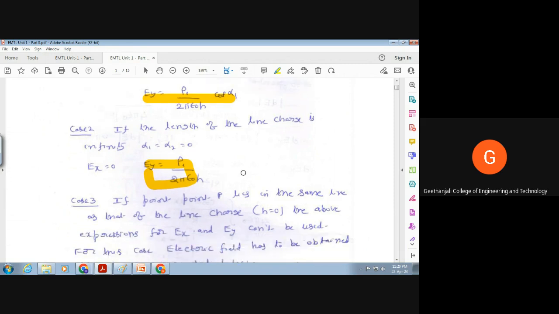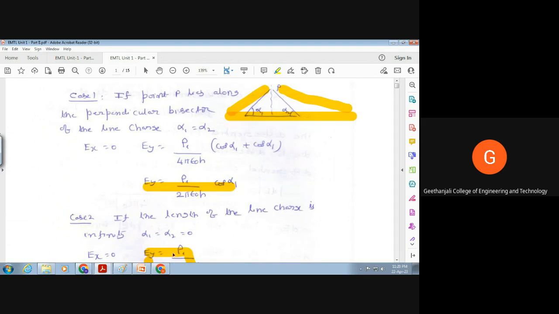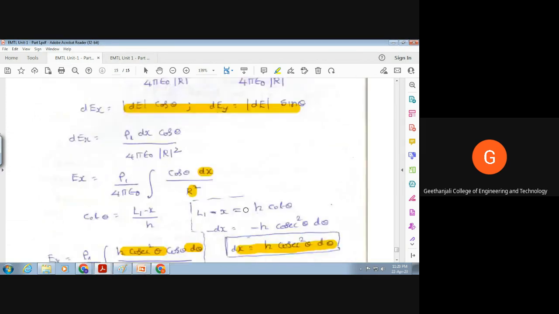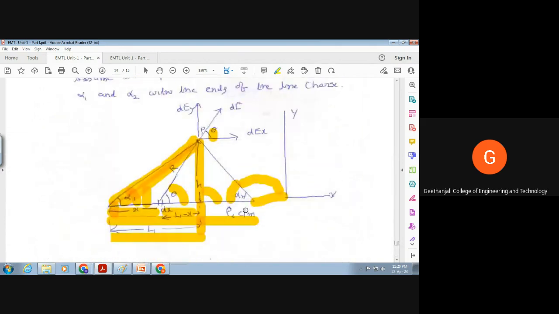And one more point is, the x and y directions are the assigned directions. Finally, we got Ex as rho L by 4 pi epsilon naught h, sin alpha 2 minus sin alpha 1. Similarly, Ey is equal to rho L by 4 pi epsilon naught h, cos alpha 1 plus cos alpha 2.